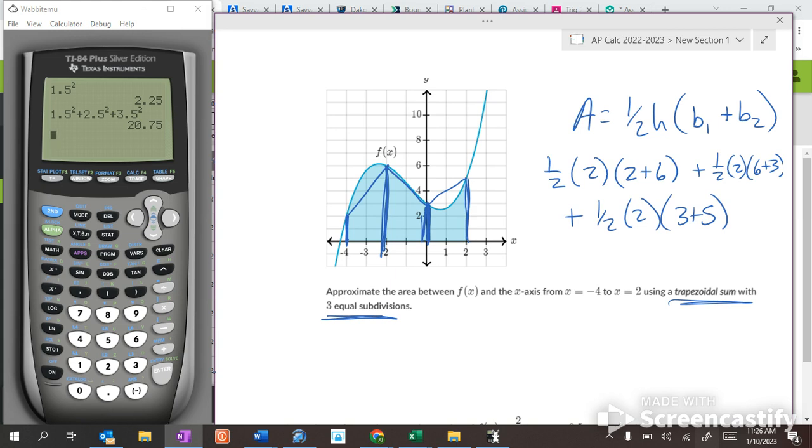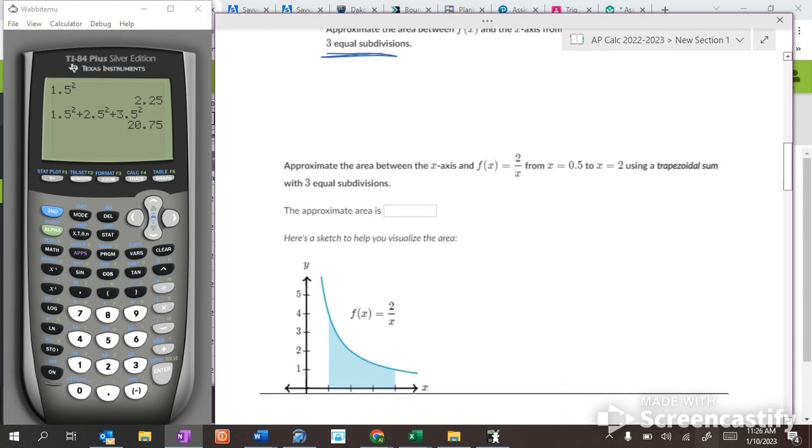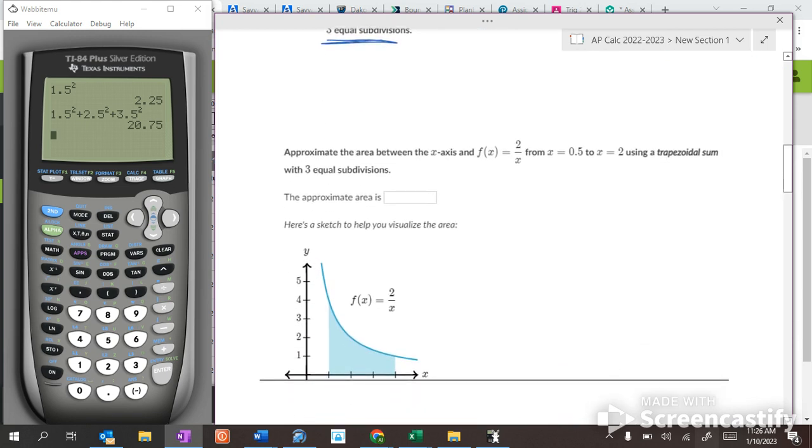So it's 1 times 8 and 1 times 9 and 1 times 8. So it's 8 plus 9 plus 8, which is 25. That's the estimated area under the curve. What we lose there, we gain there. So a little more accurate than left and right Riemann sums.